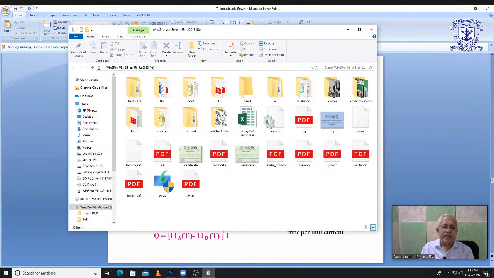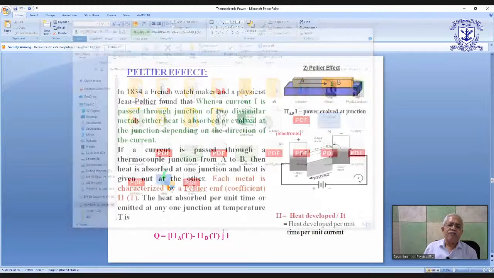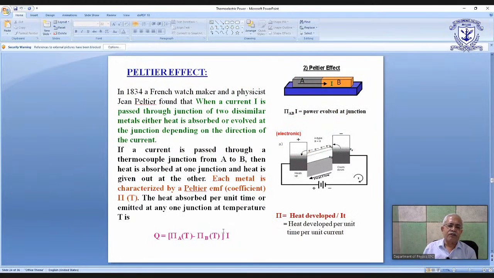That gives us the value of Q. Please note that this pi is what is called the Peltier coefficient. It is a function of temperature, and each material has a certain Peltier coefficient. All these things are what we said for the Seebeck coefficient also, so to that extent, the Peltier coefficient and Seebeck coefficient have similar aspects.